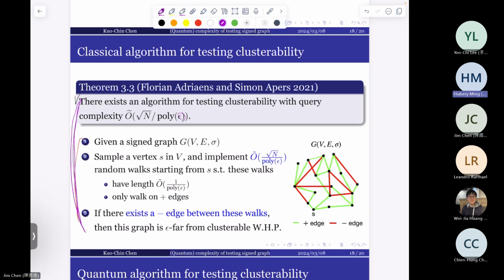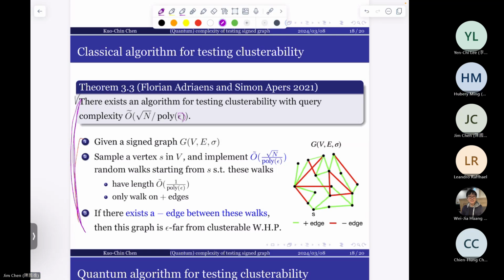Your question is why the classical algorithm is an epsilon clusterability tester, right?